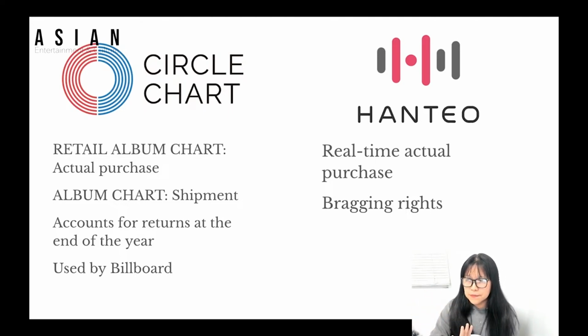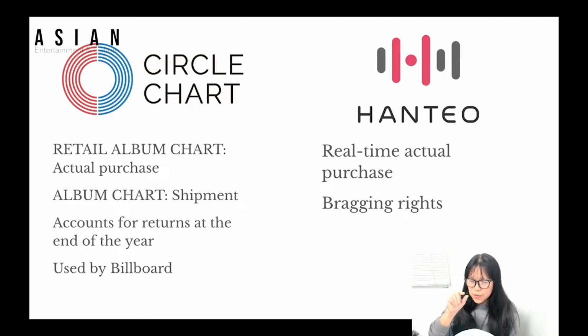This is on consignment, meaning I don't pay you. This is just an example. I don't pay you until I actually sell the albums. So that is album chart. They will count how many albums the manufacturer shipped to the distributor. That's album chart.